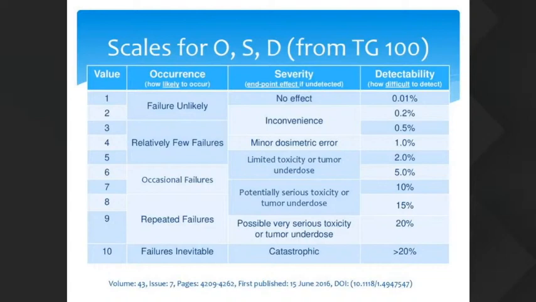But then you could have a dosimetric error that has some toxicity or even an underdose of a tumor. So I don't think you can quantitate it. It's more qualitative. Thank you for answering that question.